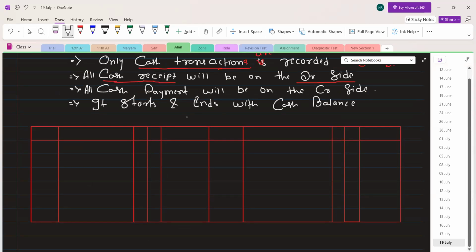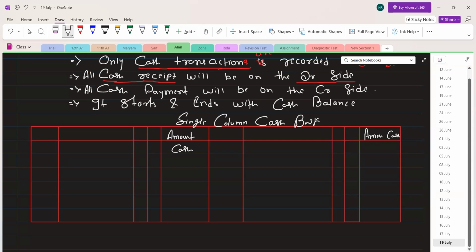Now, I have prepared a single column cash book. The format you have written is also a single column cash book. What does single column mean? There is only one amount column, which is for cash.